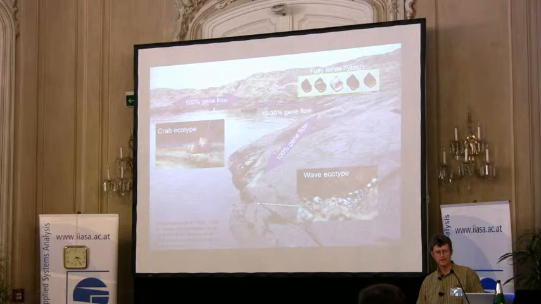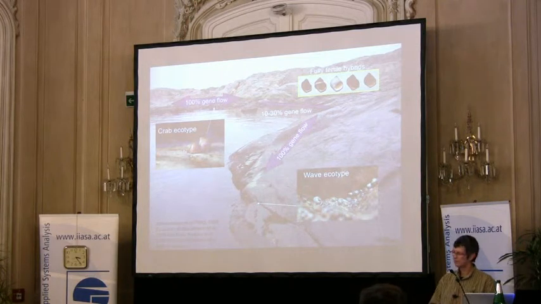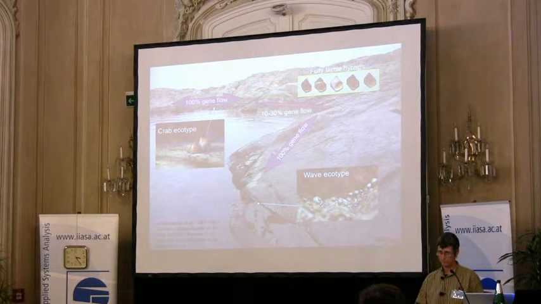But all these ecotypes tend to be locally adapted over a quite small geographic scale. So for a Swedish system, for example, within the same bay of an island, you can find both the wave ecotype, and 30 or 50 meters from there the crab ecotype.